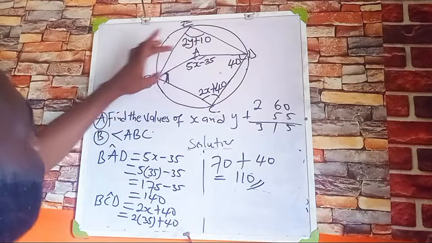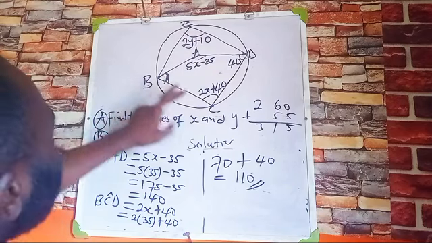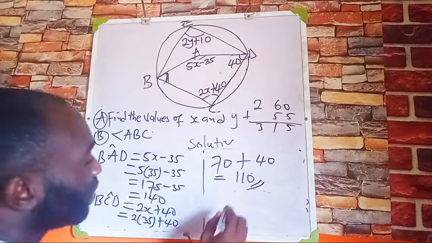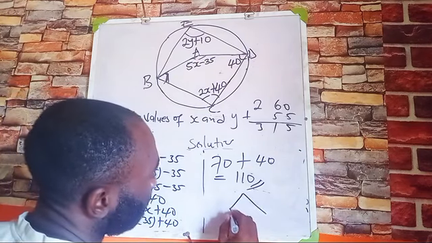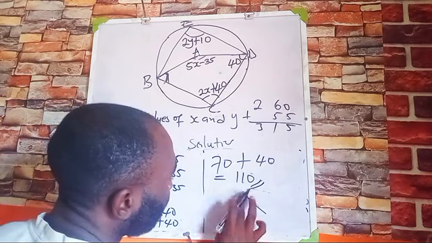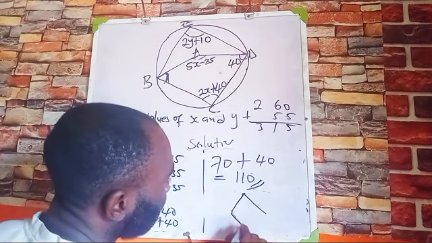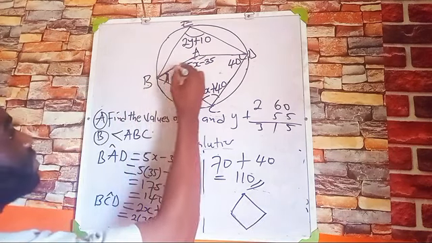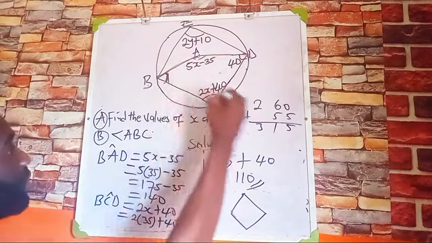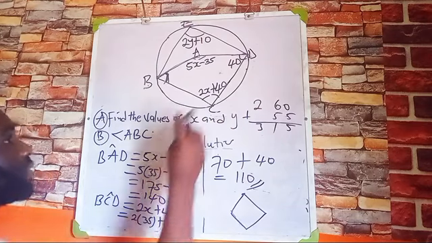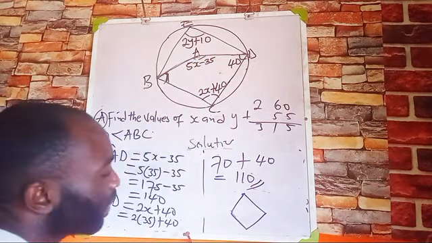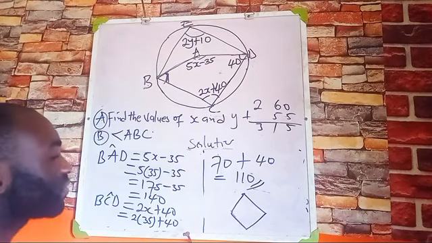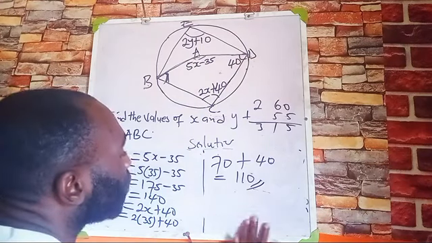So for us to find angle ABC, this is a typical example of a quadrilateral. If you trace this shape out, you see an example of a quadrilateral. We know that the sum of angles of a quadrilateral gives us 360. So we are going to sum the whole angle.